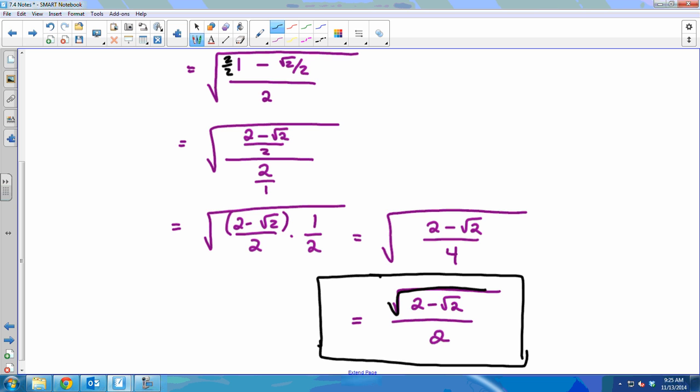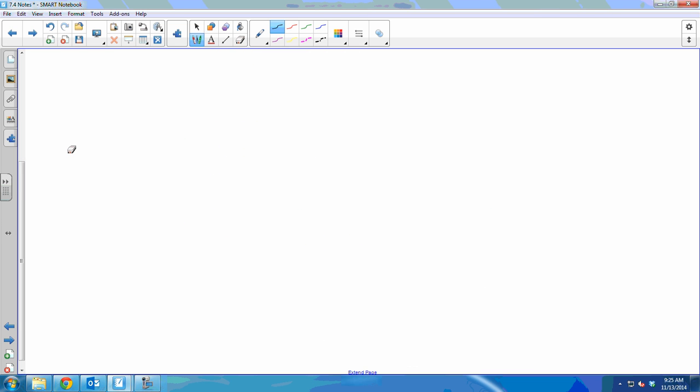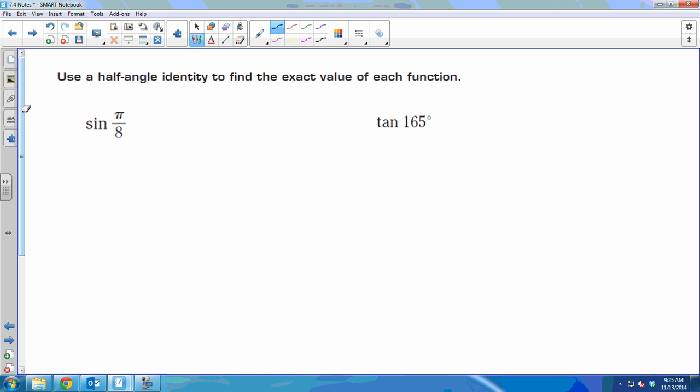Can I erase this? All right, the next one. The tangent of 165 degrees. And it tells us to use a half angle identity. So I need to know what the double of 165 is so I can use the identity.